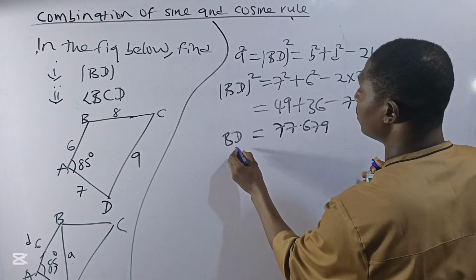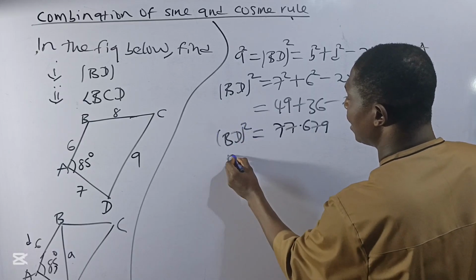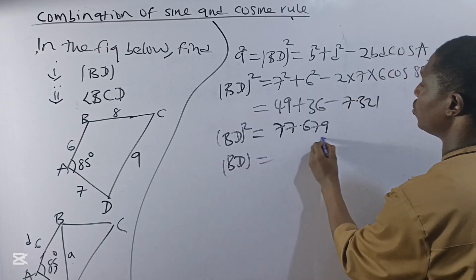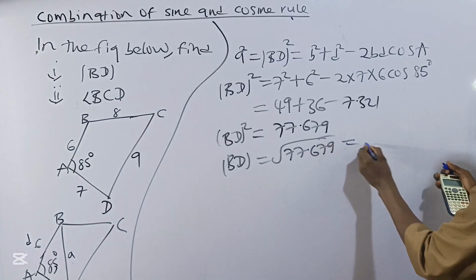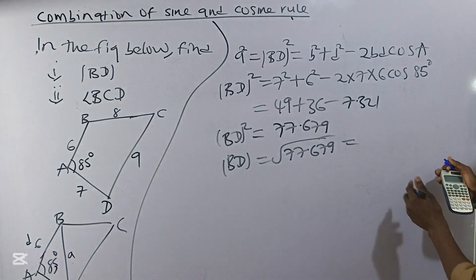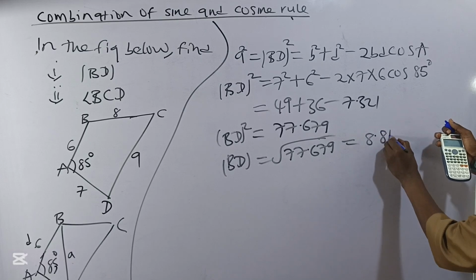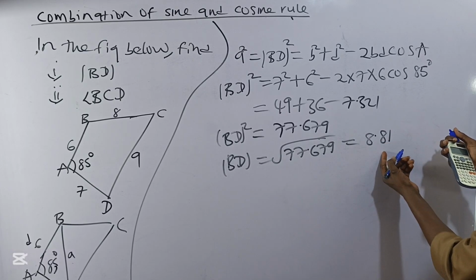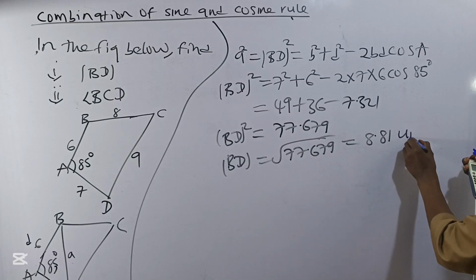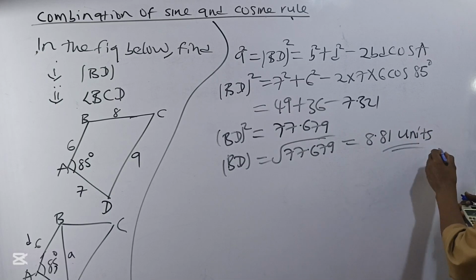So BD square will be this, and BD will be equal to the square root of 77.679, which gives 8.81. To 2 decimal places, 8.81 units, since the units are not given.